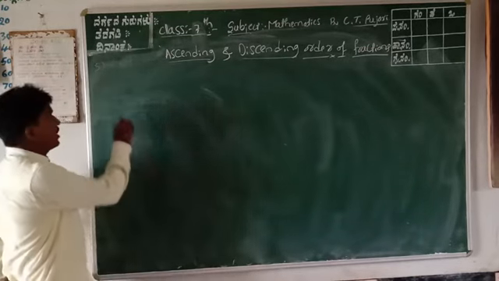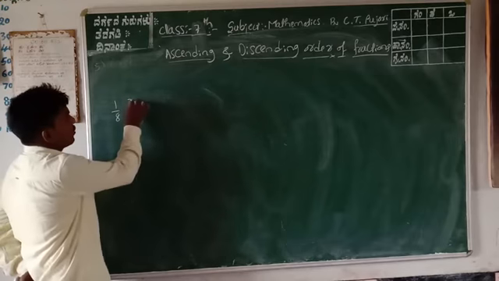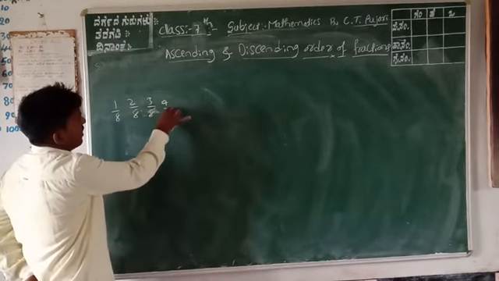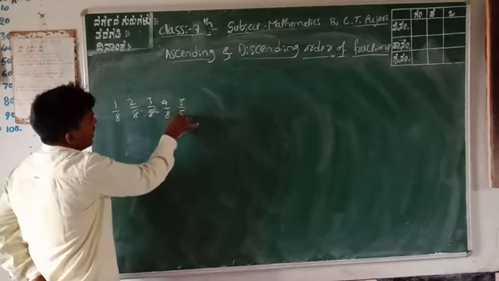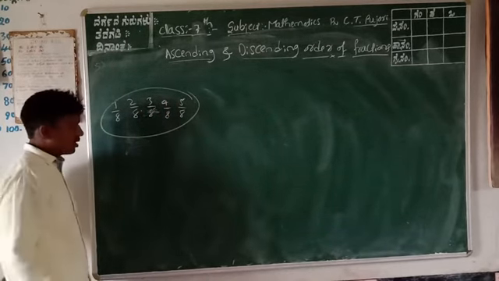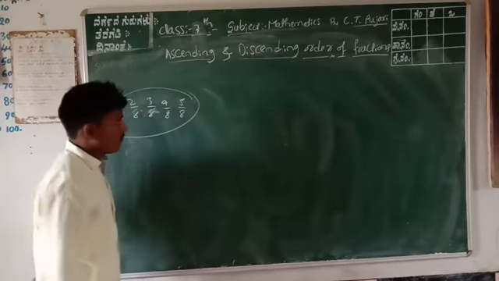For example, 1 by 8, 2 by 8, 3 by 8, 4 by 8, 5 by 8. These are fractions, and also some improper fractions here.